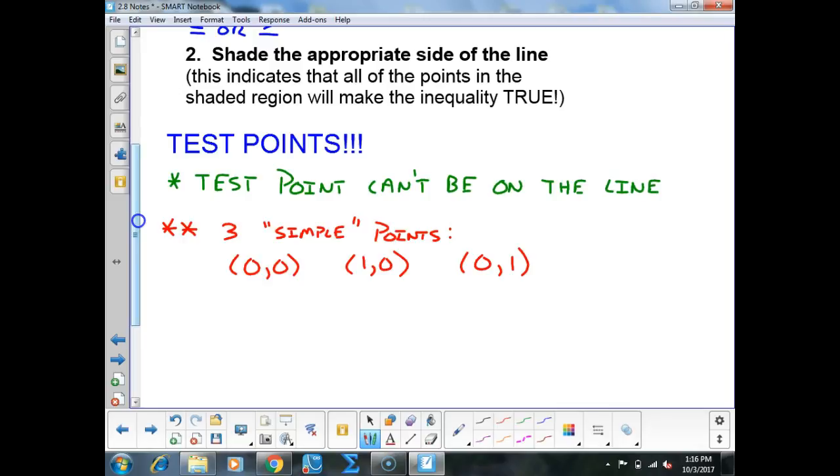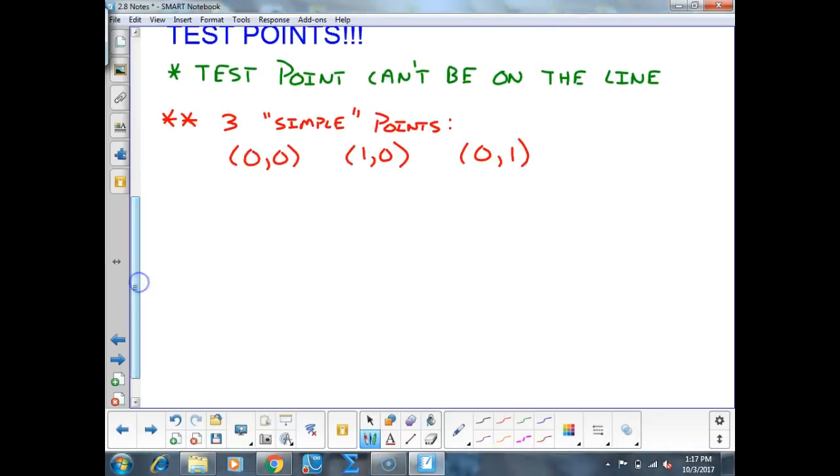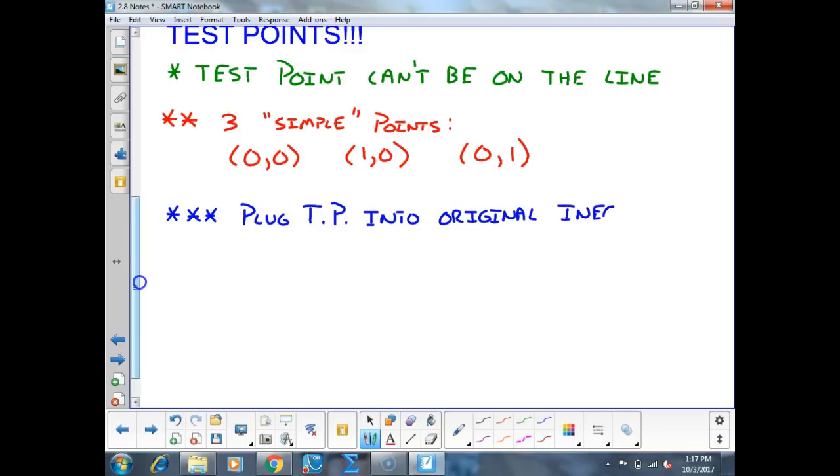But your test point can be anywhere that you want it to be. What you do then is you put your test point into your original inequality. So you're going to plug that back into your original inequality.